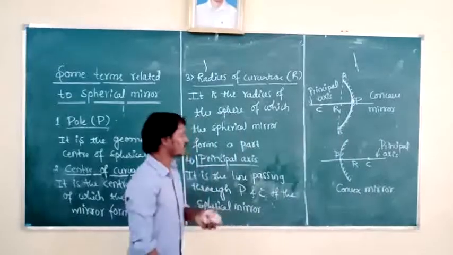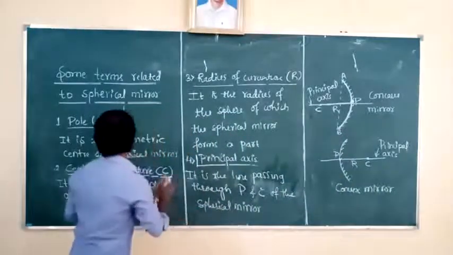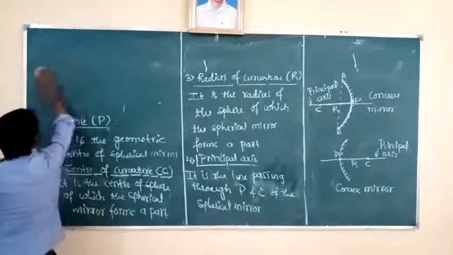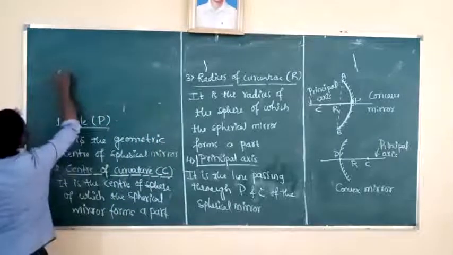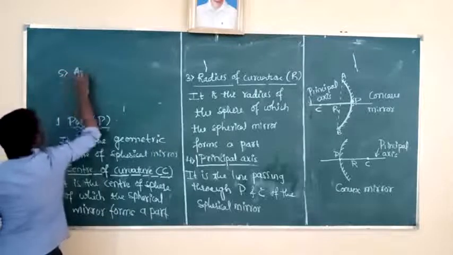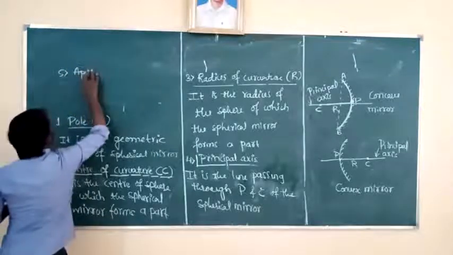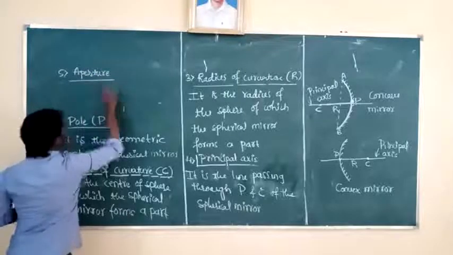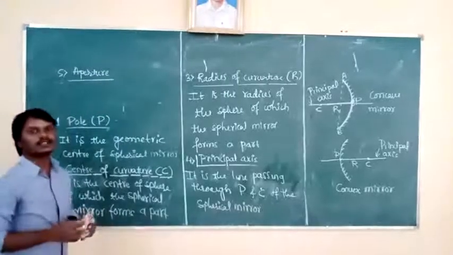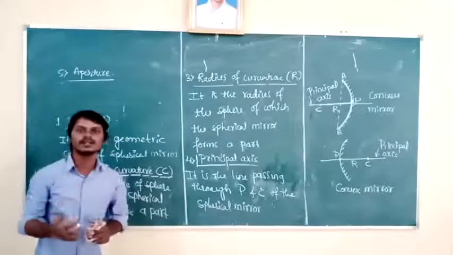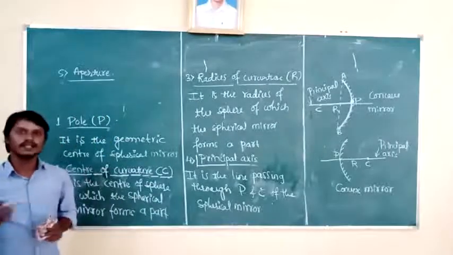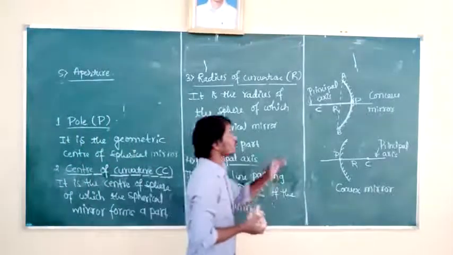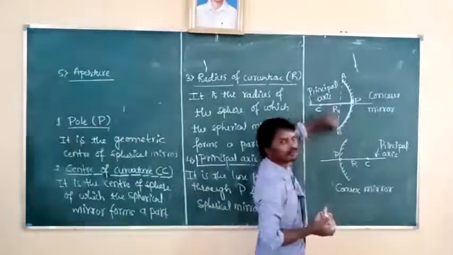Next, the fifth one. Aperture. What is aperture? It is the area of the spherical mirror available for the reflection of light. In another way, it is the diameter of the boundaries of the spherical mirror. What are the boundaries?